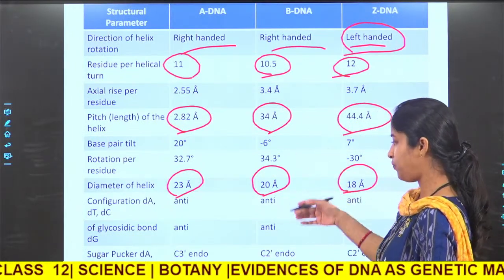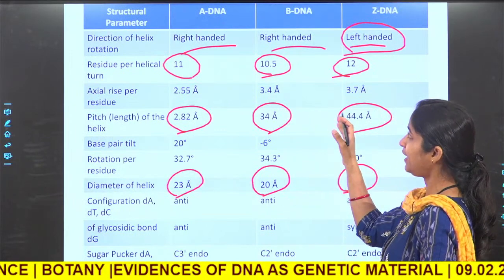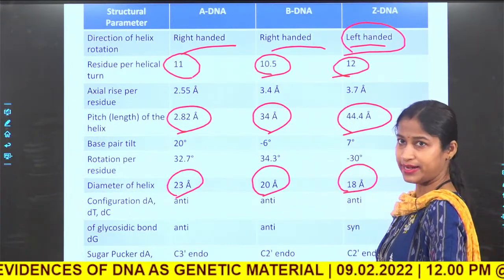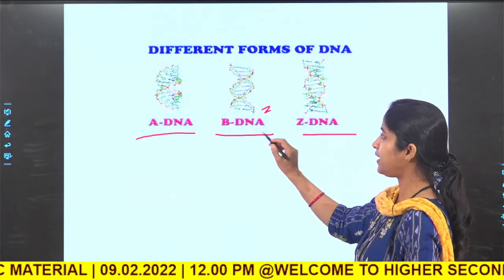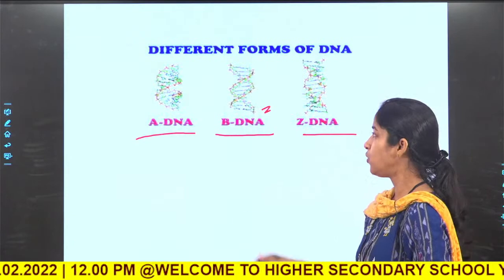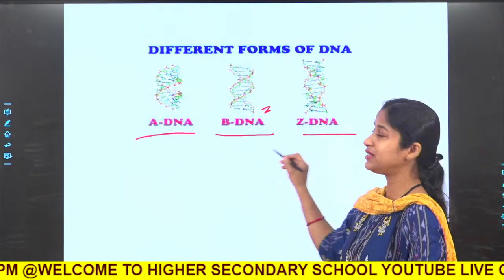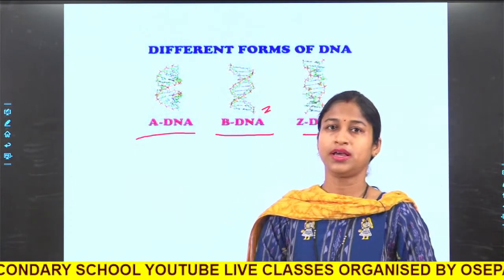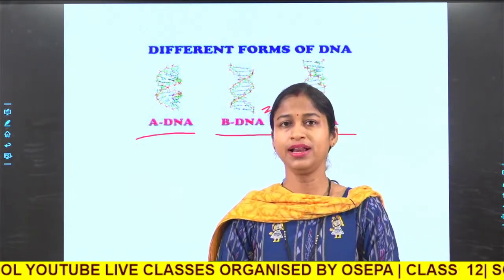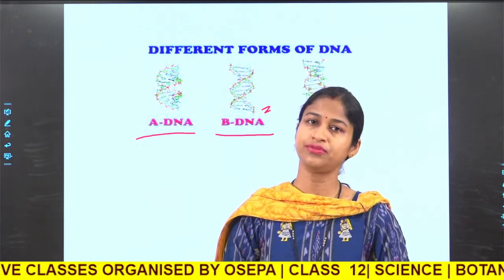These are the different features of A, B and Z DNA. B-DNA is the major form of DNA, whereas A-DNA is somewhat different and Z-DNA is a left-handed helical structure. So this is all about DNA as genetic material and the structure of DNA.